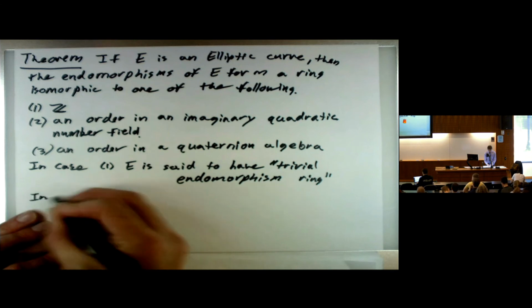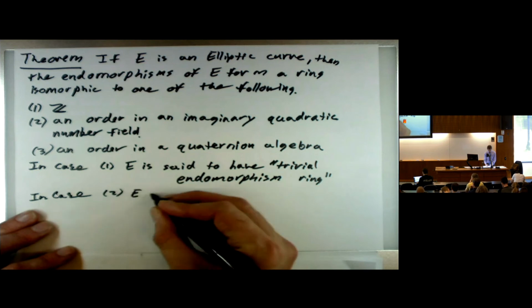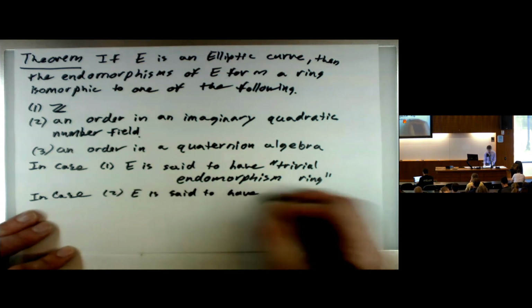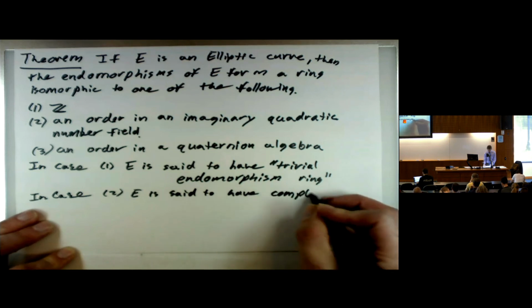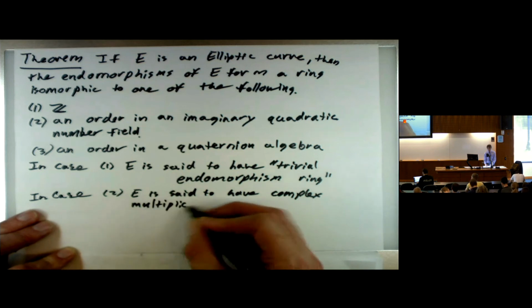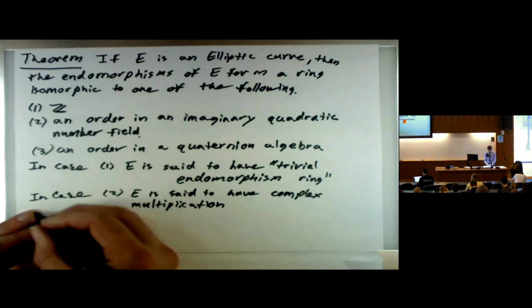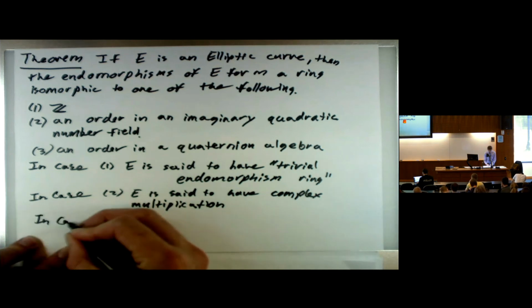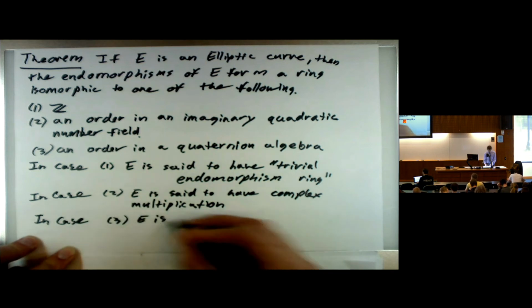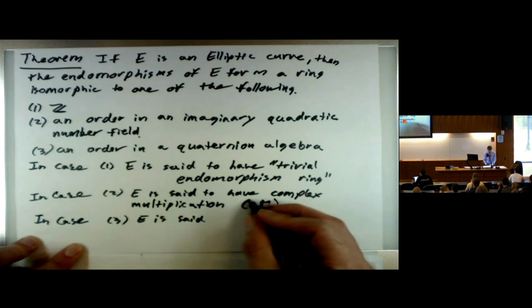Case 2, E is said to have complex multiplication, or CM is used as an abbreviation often.